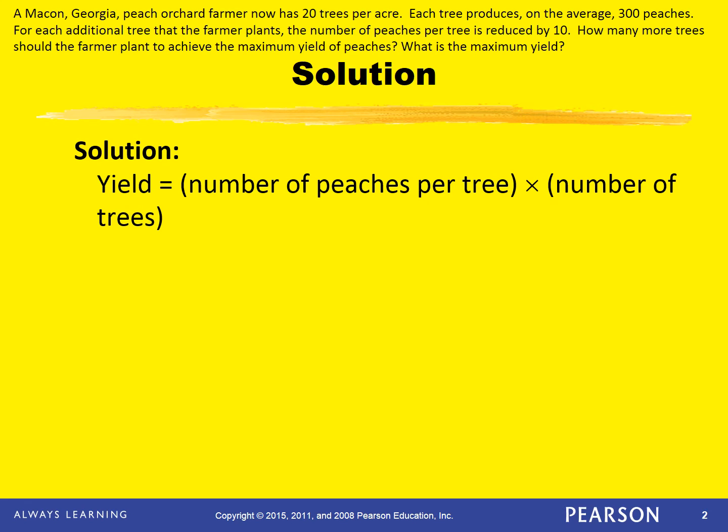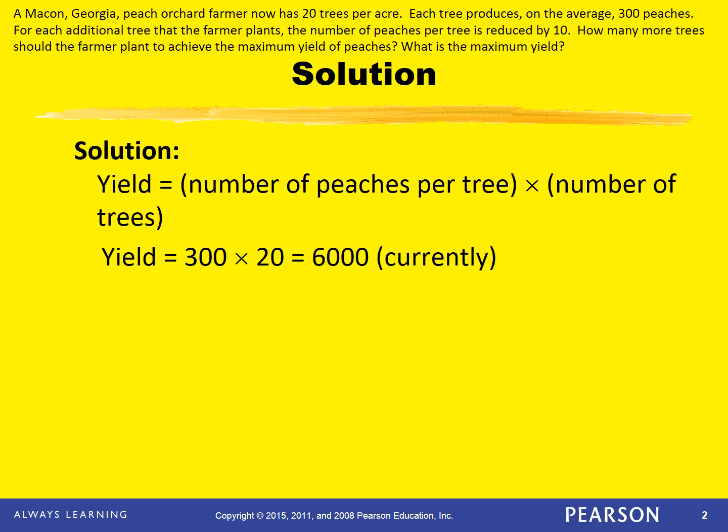Well, the yield, of course, will be the number of peaches per tree times the number of trees. And I encourage you to write down some different scenarios and get some data, and get your mind going with those.